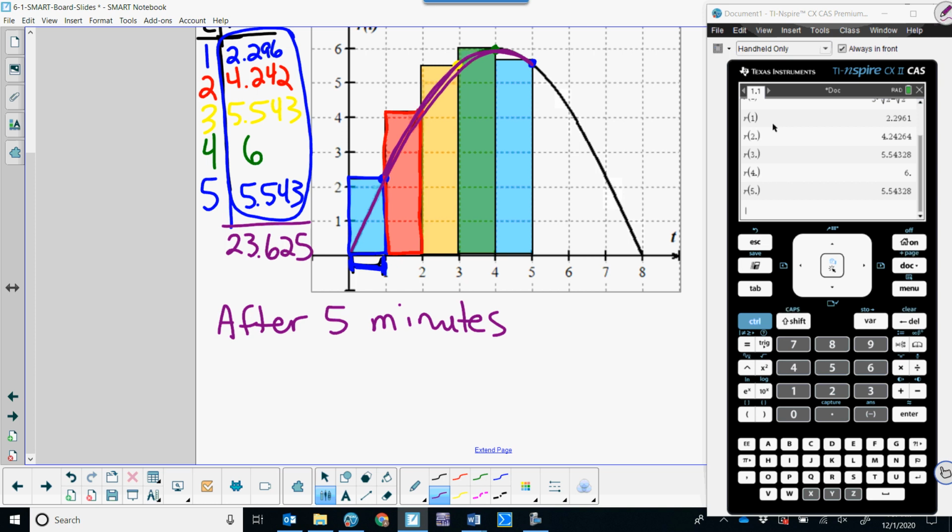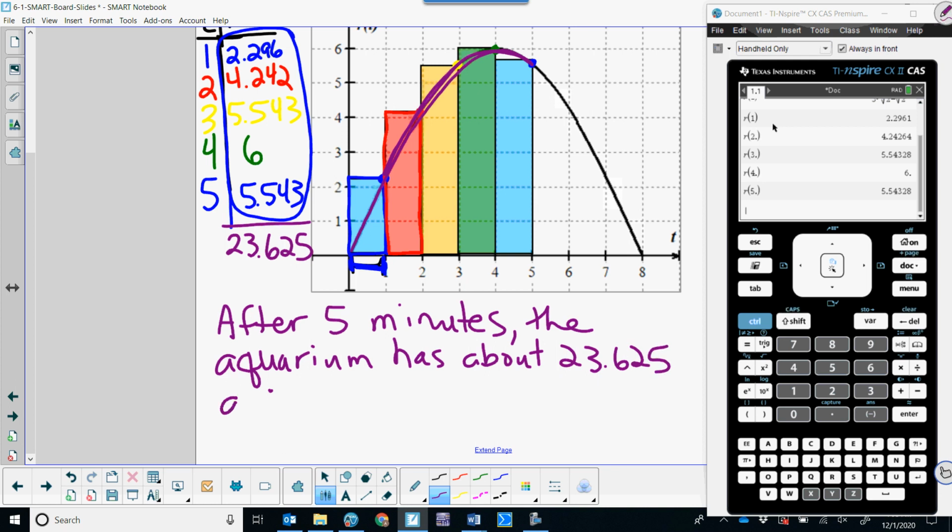After 5 minutes, the aquarium has about 23.625 gallons in the tank.